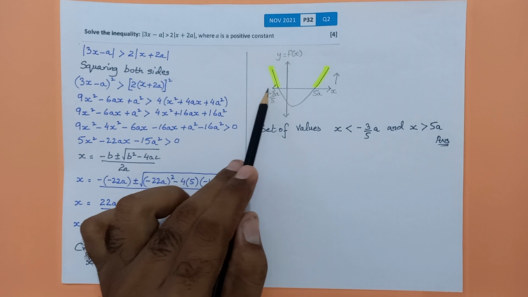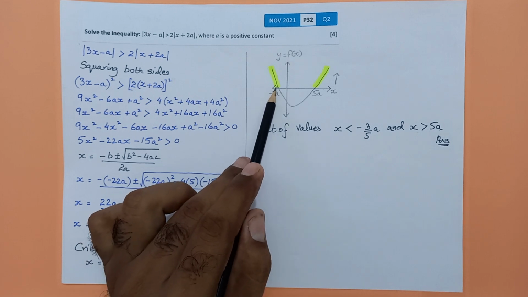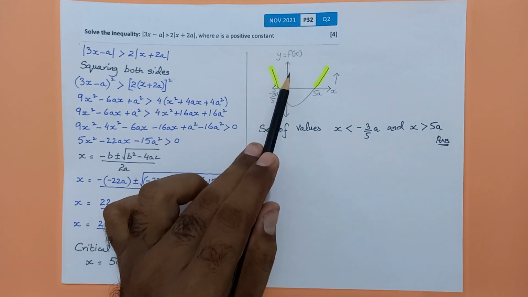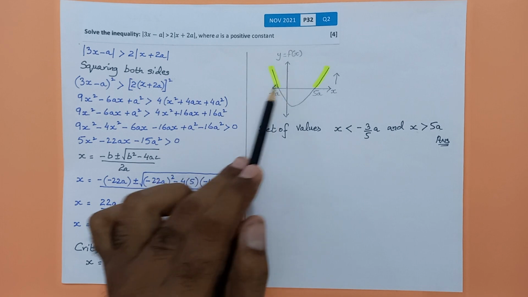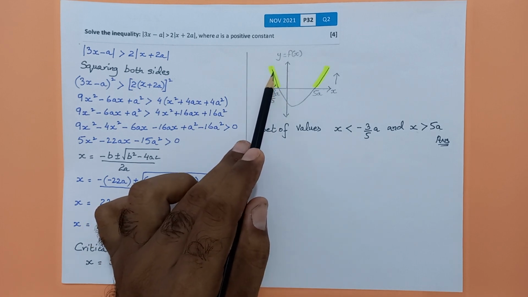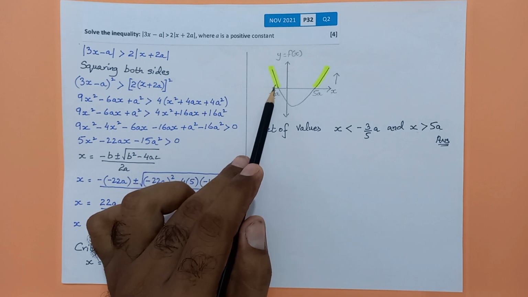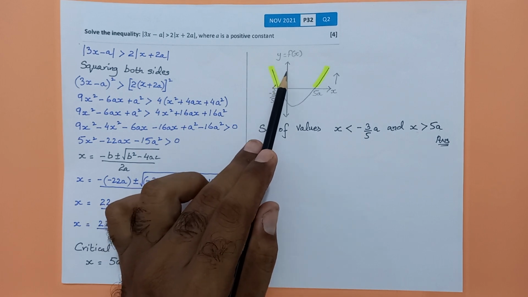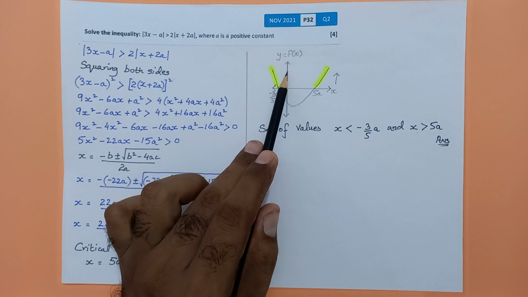or any value less than minus 3a upon 5 will also result in a positive value of y, because if we just take any point and draw it on the graph, and check out the value of y, it would be positive.